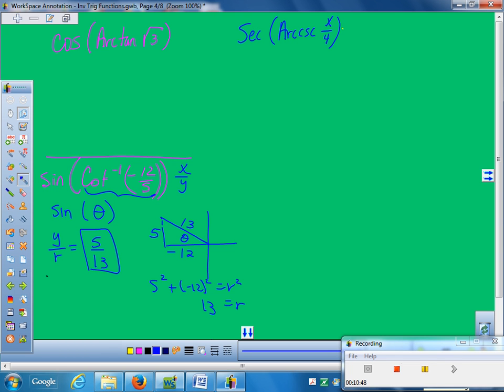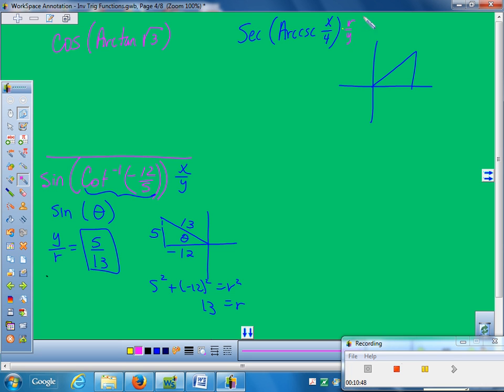If you don't know, since it's variables, you just throw it in the first quadrant because x could represent anything. So I'm going to draw a picture, and I want you to find the secant of the inverse cosecant of x over 4. What sides do I know in my triangle?